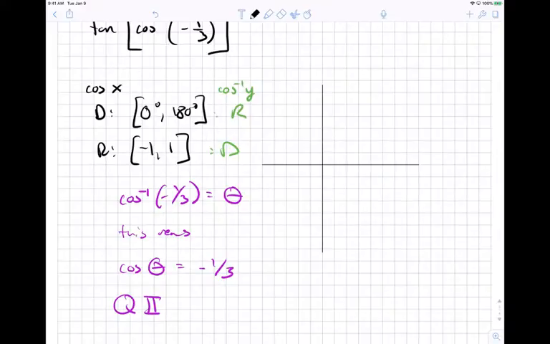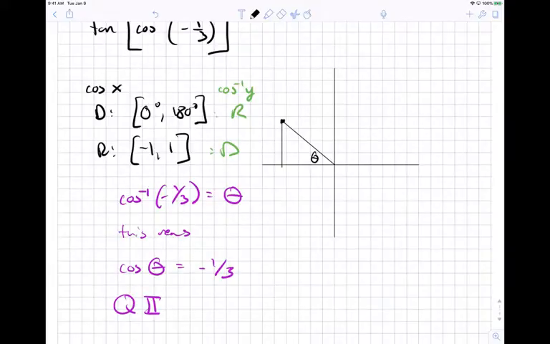Okay. So we have this point in, what quadrant did we say? Quadrant 2? So I think it's done in this orientation. But this is our theta like that. Okay, that looks good. So then cosine of the angle is a negative 1/3.